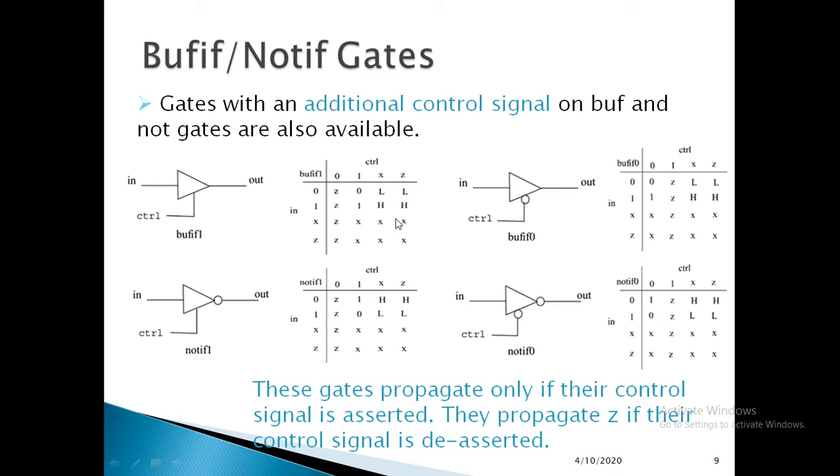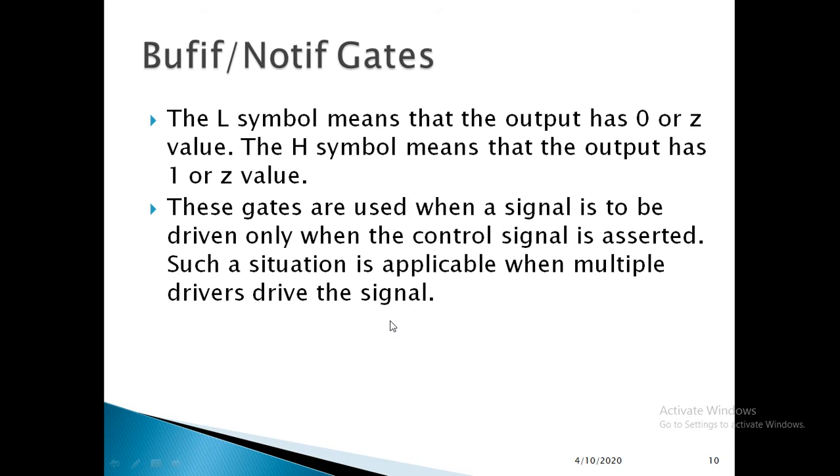You have to differentiate in these combinations. Here you see that for 0 input, this output is logic low, and for 1 input, this output is logic high. Similarly for bufif0, this is the truth table. You have to verify the remaining tables yourself.